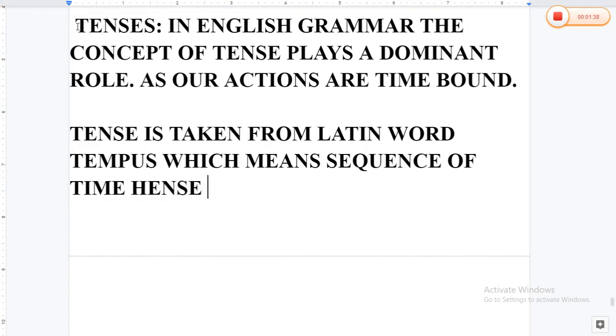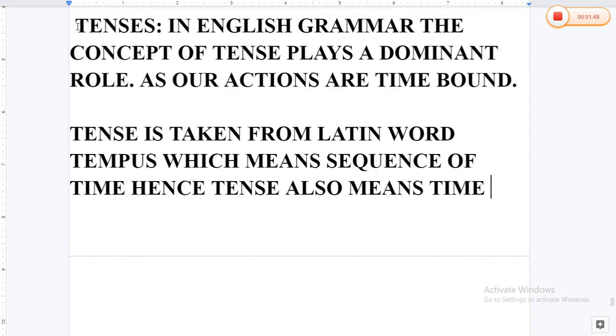Hence, tense also means time or sequence of time.